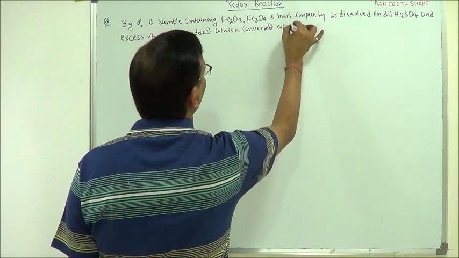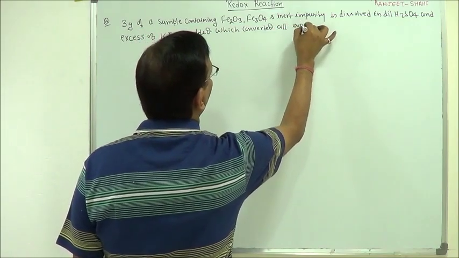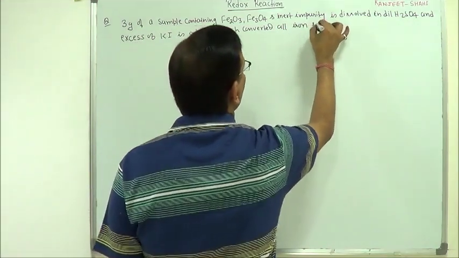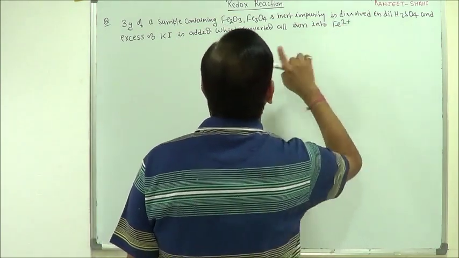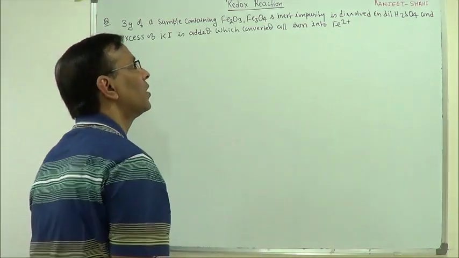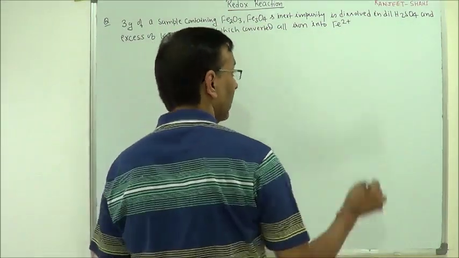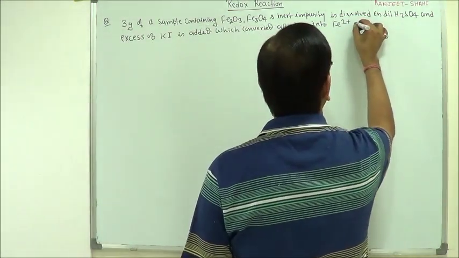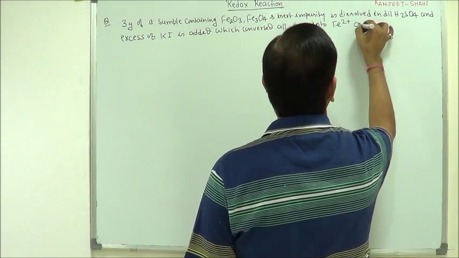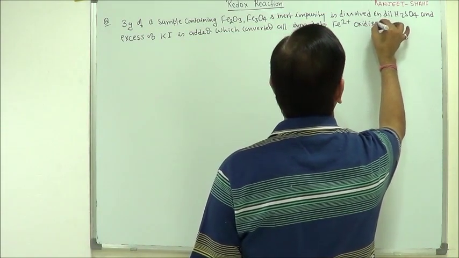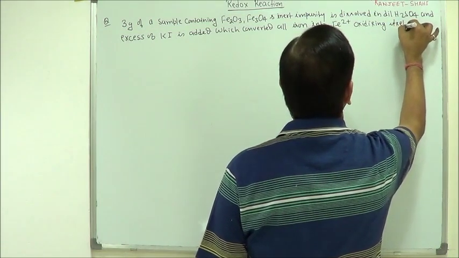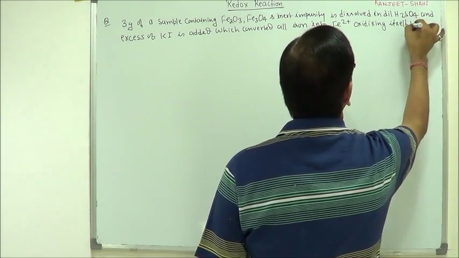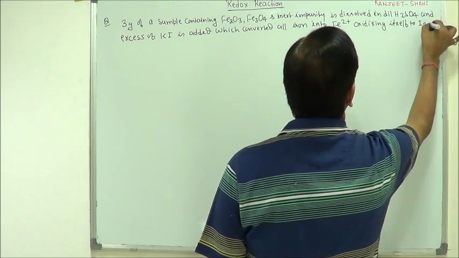which converted all iron into ferrous ion. Potassium iodide is a reducing agent, converting all iron to ferrous ion, oxidizing itself to iodine.